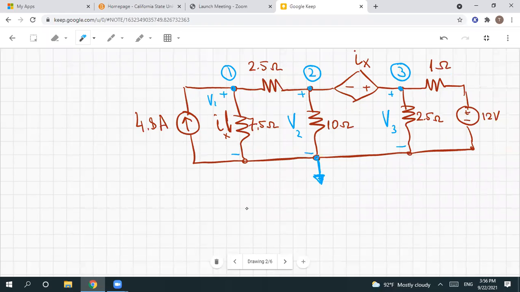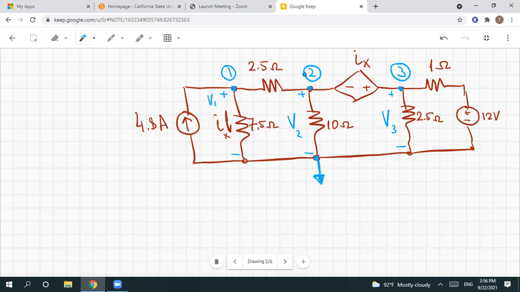Okay, so we need now to write KCL, but before writing KCL, let's examine our nodes. So for this node 1, I see that we have a current source. We can express this current, and we can express this current.